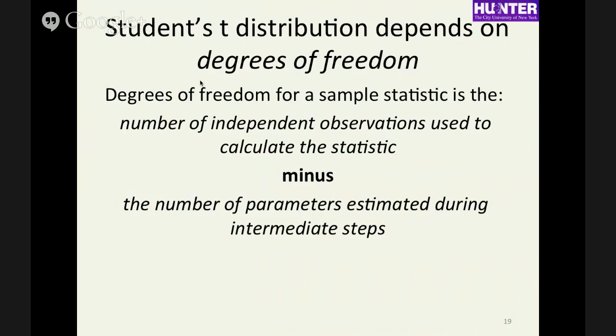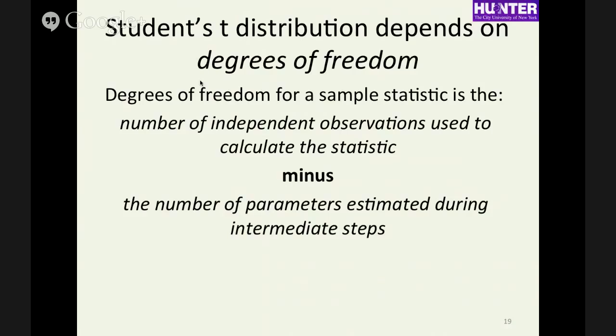So degrees of freedom, it's your sample size minus the number of things that you estimate. So if you're estimating the mean, you lose 1 degree of freedom. It will start changing, especially when you do analysis of variance, where you're estimating the means of multiple groups.